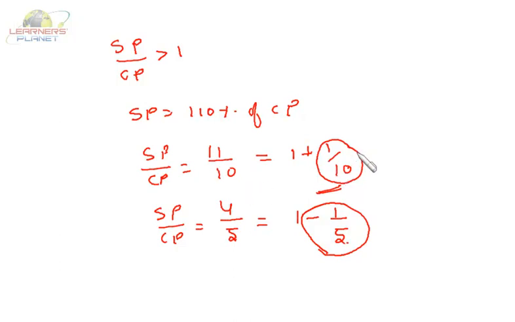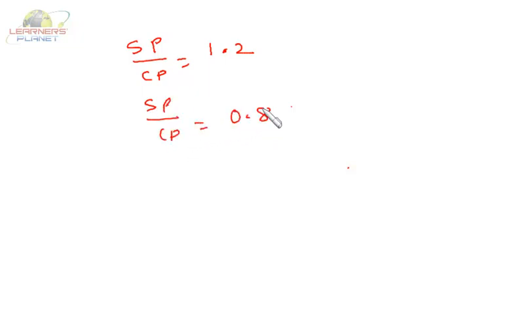Now let's take some more examples. Sometimes this ratio, that is SP by CP, is in decimals. So if SP by CP is in decimals, say 1.2, it is a 20% profit. You can just directly say it. If SP by CP is 0.8, then definitely there is a 20% loss.